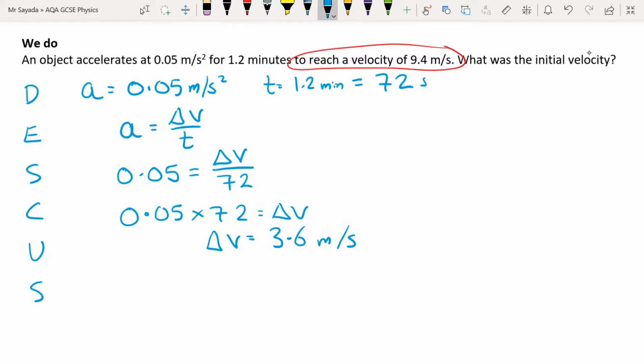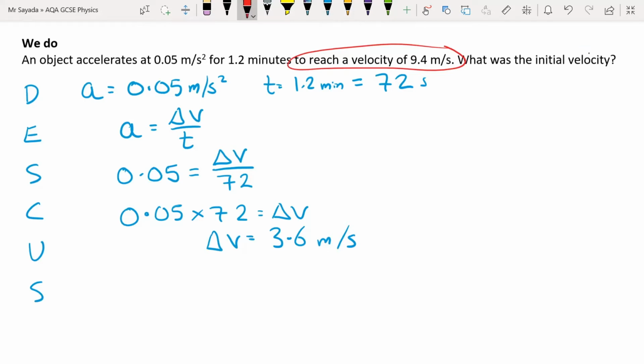Now we've worked out the change in velocity, but we need to work out the initial velocity. So in the question, we're told it reaches a velocity of 9.4. If it reaches a velocity of 9.4, do you think that 9.4 is the initial velocity or the final velocity? Say your answer to the video now. The correct answer is that 9.4 is the final velocity.